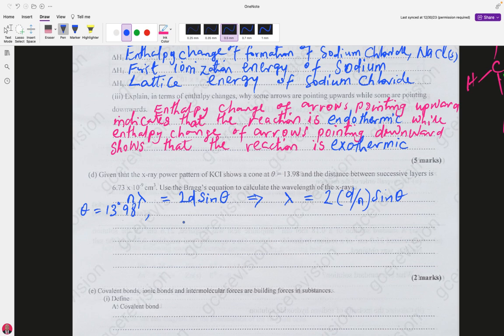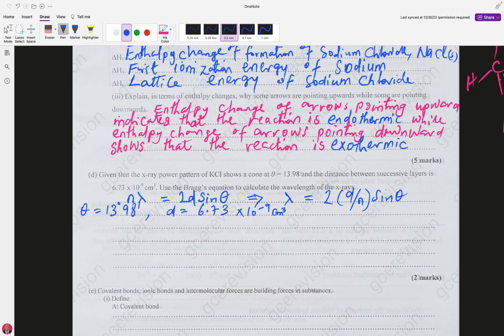Then the distance d is 6.73 times 10 to the minus 9 centimeters.